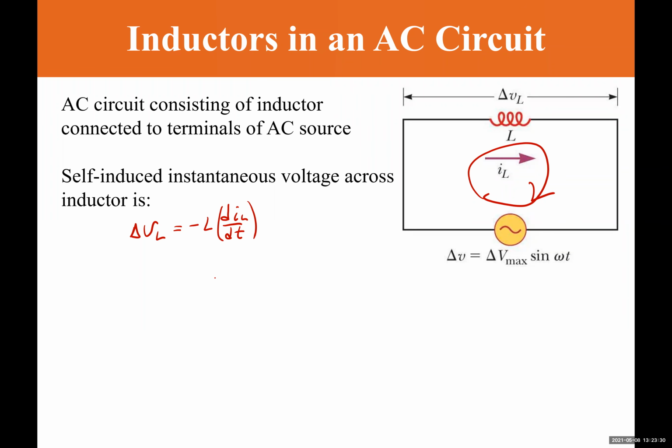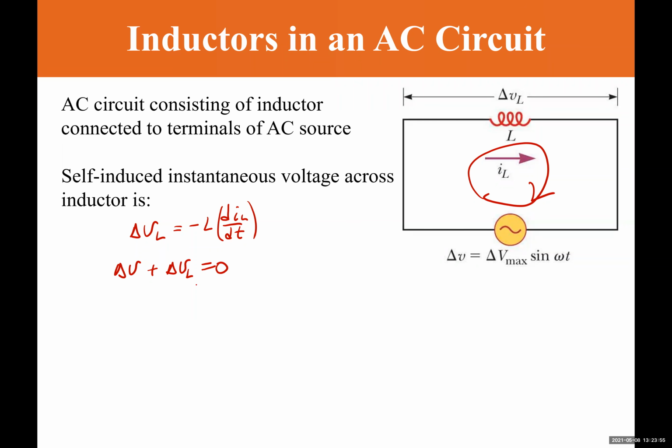Kirchhoff's loop rule tells us, with two circuit elements, a function generator or AC power source and an inductor, that delta V of the source plus delta V of the inductor equals 0. This is basically Kirchhoff's loop rule around the circuit.